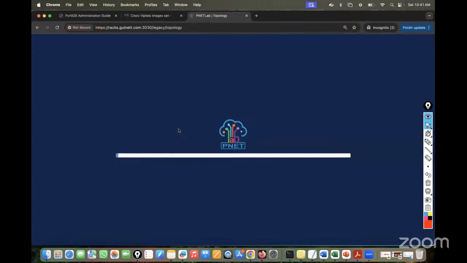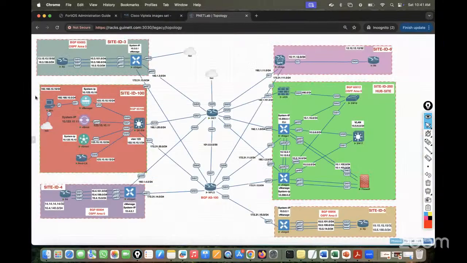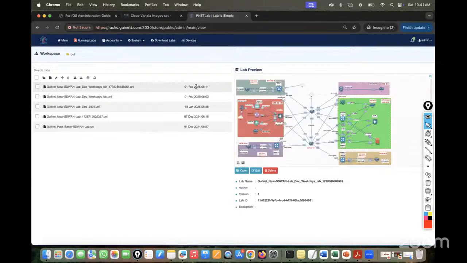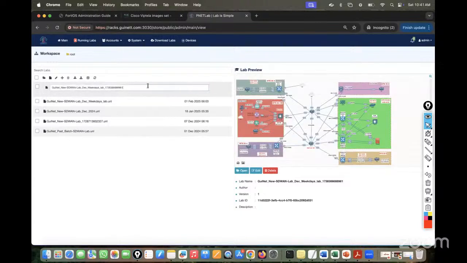so see, this is the lab. Once you are going to get the topology, what I can do, let's suppose for this batch, I'll just clone this topology and let me rename it. So we are starting this batch in February, so I'll make this Feb 2025.